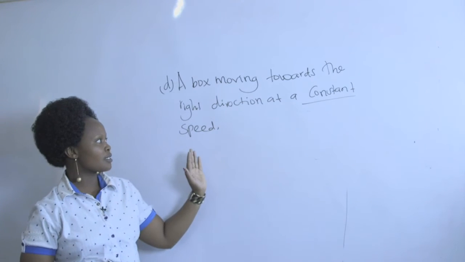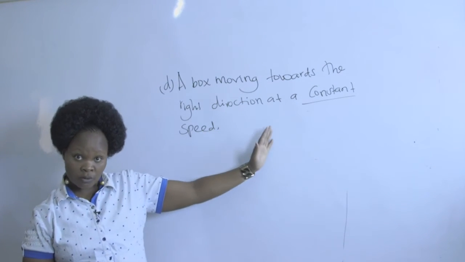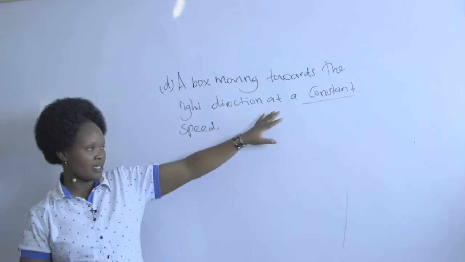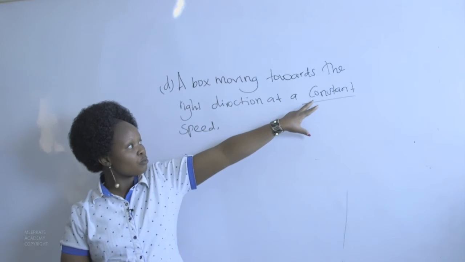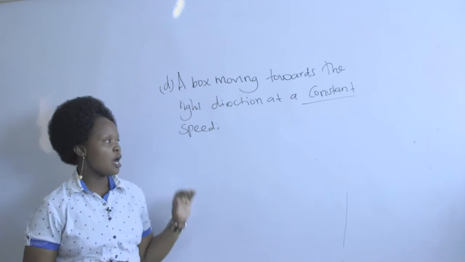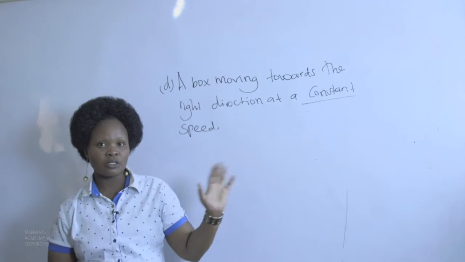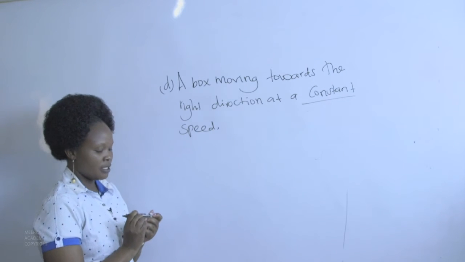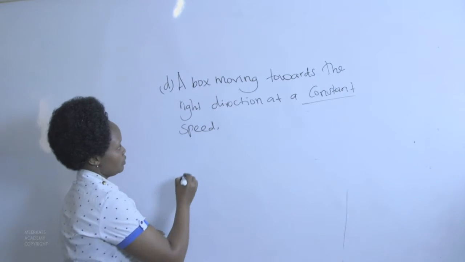Now, in this case, we want the box to move, but it should move with a constant speed, a speed that is not changing.